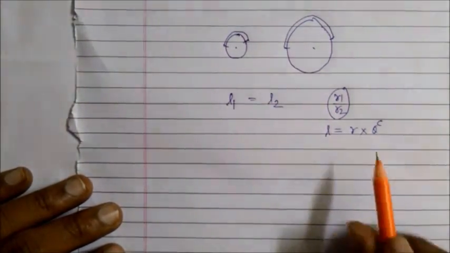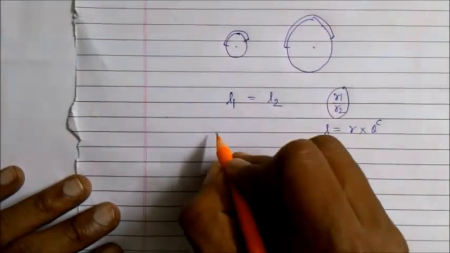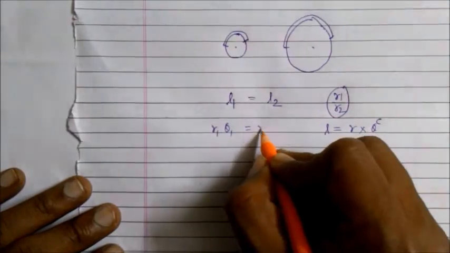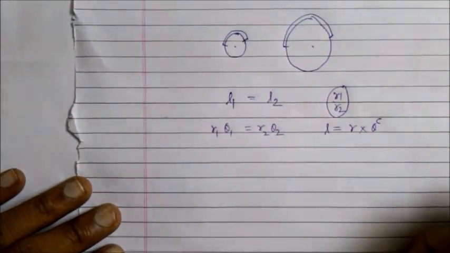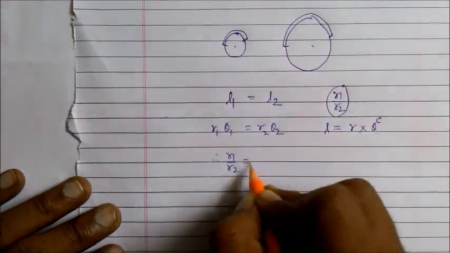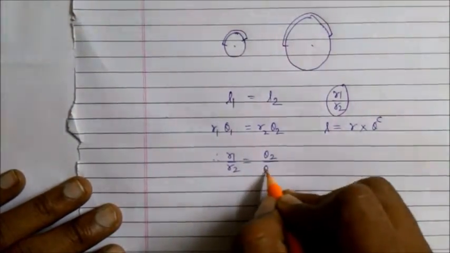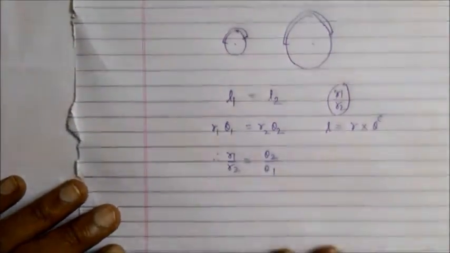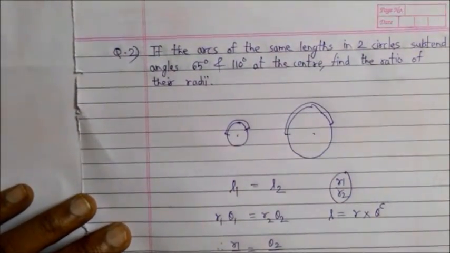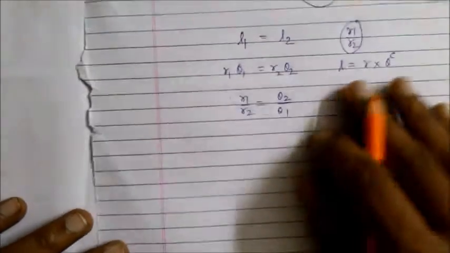So let us use this relation in this equation. So I can write R1 theta 1 is equal to R2 theta 2. Therefore, R1 upon R2 will be theta 2 upon theta 1. Now what is given? Theta 1 is 65 degrees and theta 2 is 110 degrees.